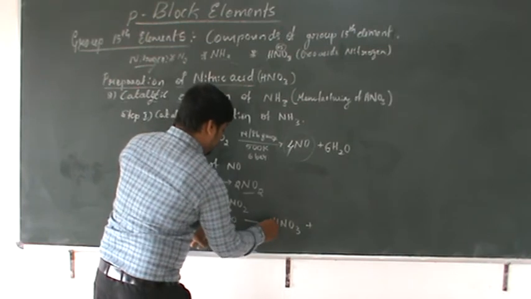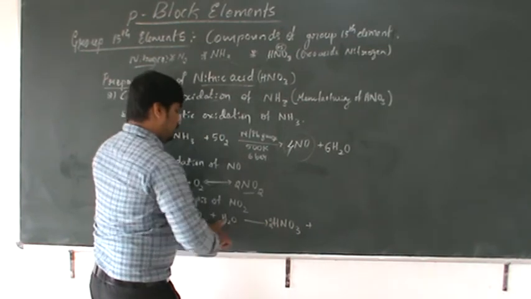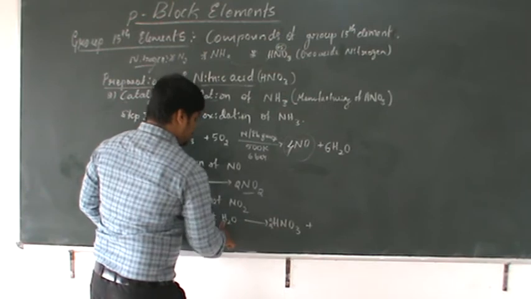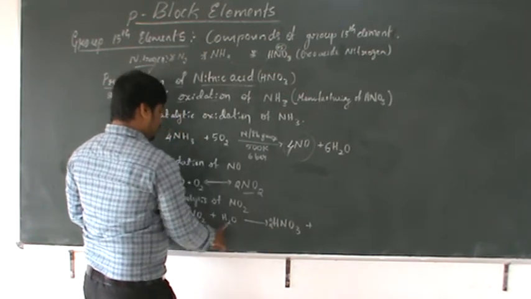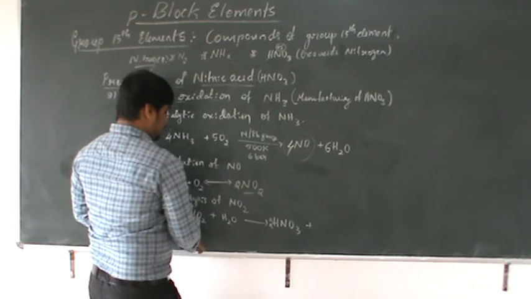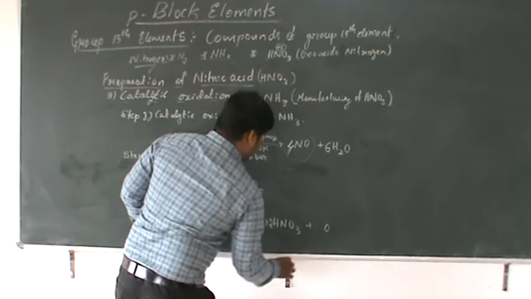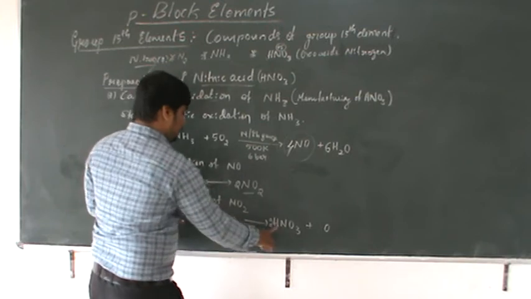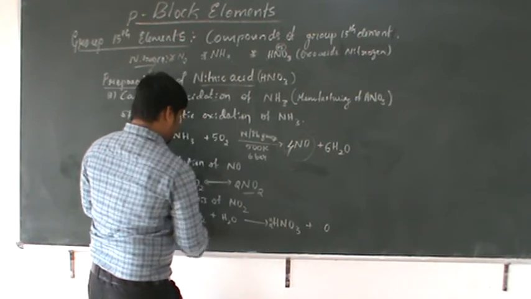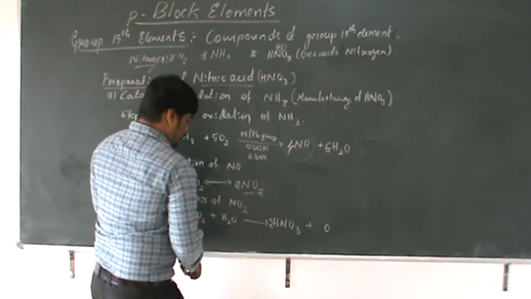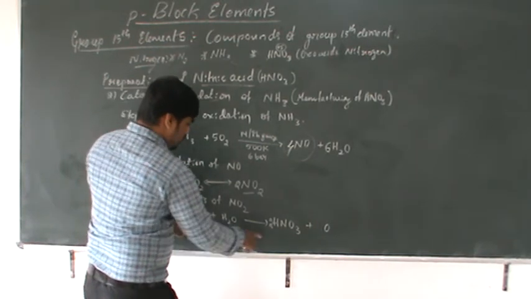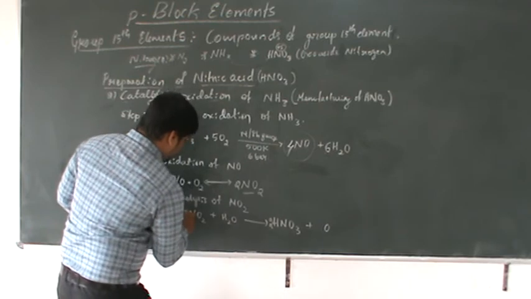Here only 1 hydrogen. Therefore I multiply by 2. Then all things differ. 2 hydrogen, 3 into 2, how much? 6. Here only 3. Then you check oxygen and nitrogen. Here only 1 nitrogen, here 2 nitrogen. Therefore I am multiplying by 2.